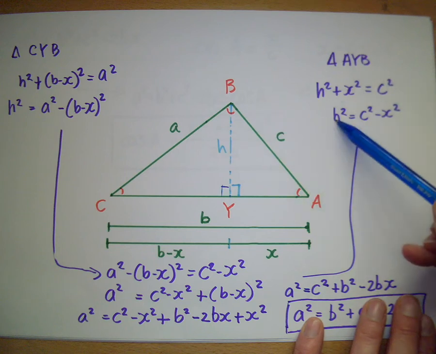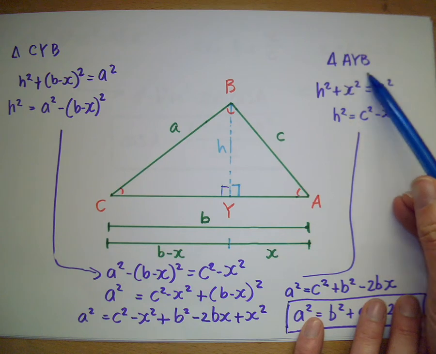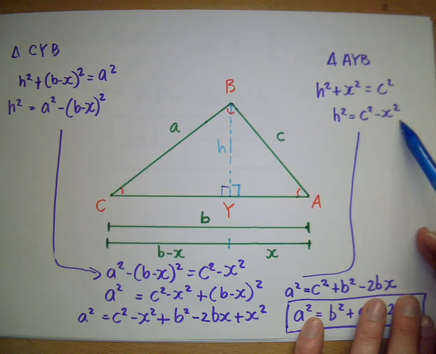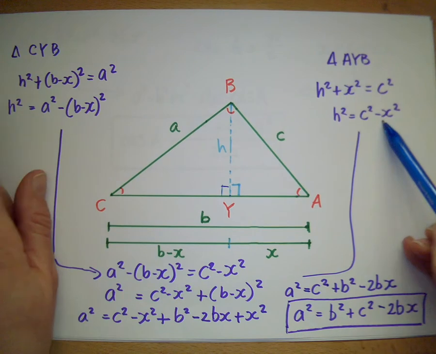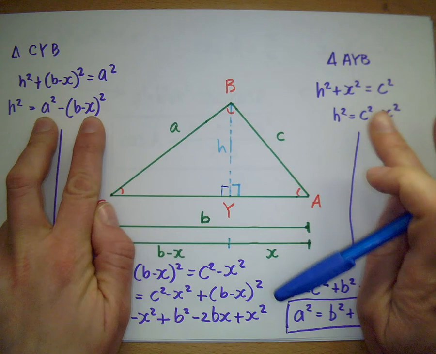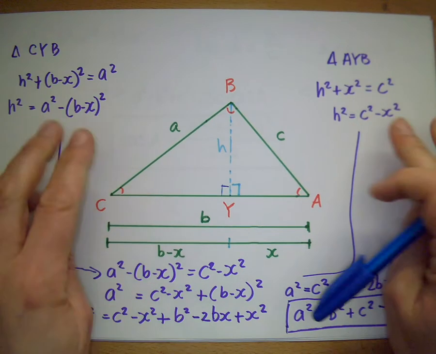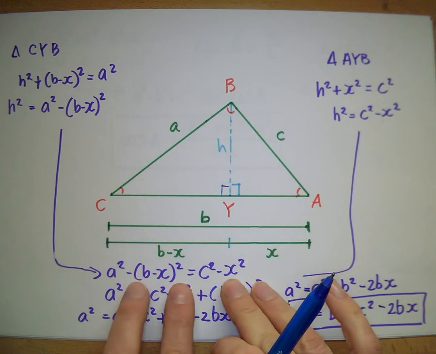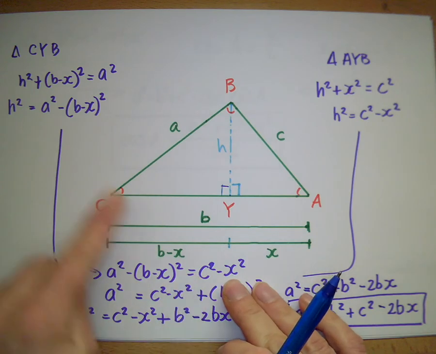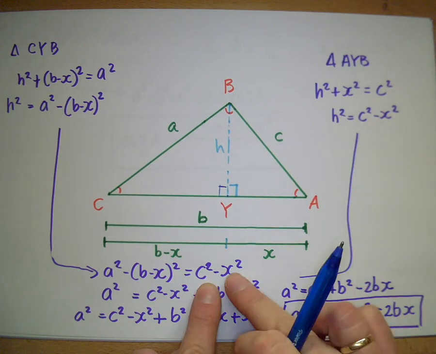I'm going to make h squared the subject of my equation by subtracting x squared from both sides to give this. Now, if h squared is equal to this, and h squared is also equal to that, then this and that must also be equal. So I'm going to pull these together and say they are equal. a squared is equal to this. There you go.